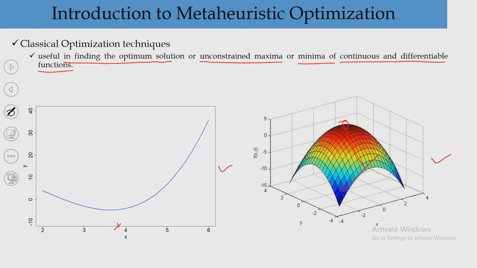So, these are simple problems, and I can say these problems are convex problems. Therefore, if we apply the classical optimization methods, you will be able to find the optimal solution of these problems. There is no need to apply any other algorithms, because the classical algorithms are capable of solving this problem.